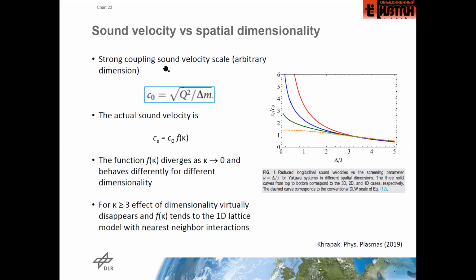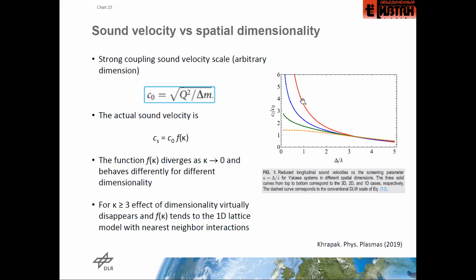At strong coupling, the sound velocity scale can be expressed like this, and the actual sound velocity is then a product of this scale multiplied by a function of the screening parameter. As you can see from this figure, the function diverges as kappa goes to 0 and behaves differently for different dimensionality.